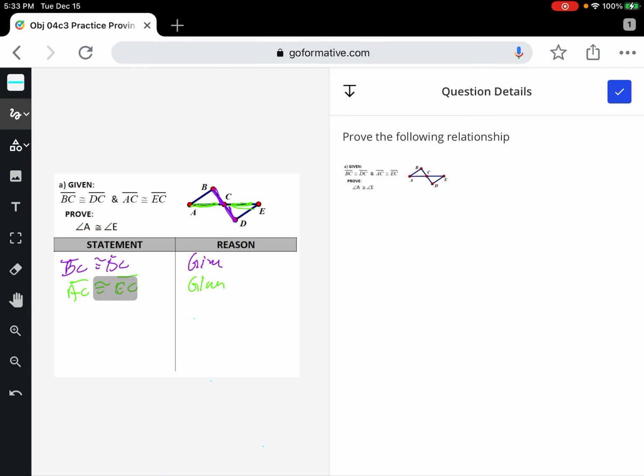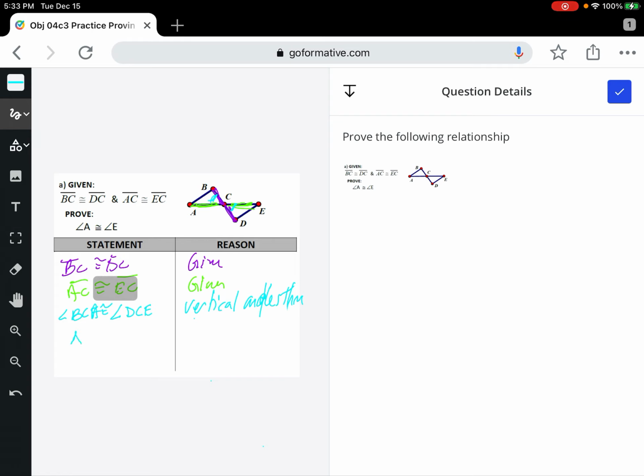Now, I'm going to remind you that when you're asked to show that parts are congruent, you need to first prove that the triangles are congruent. So you look for two things when you're proving triangles congruent: reflexive property, but also vertical angles. I know angle BCA is congruent to angle DCE, vertical angles theorem.